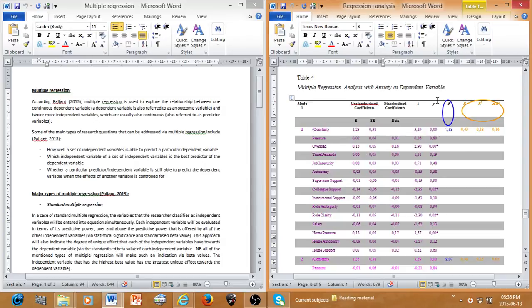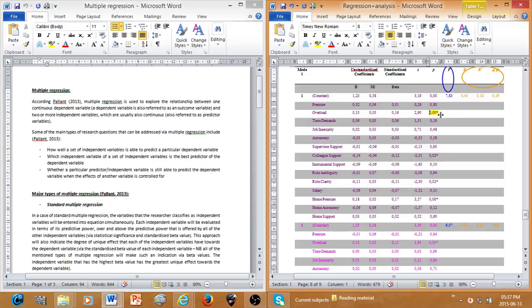As we can see under the p-values, here we've got statistical significance. How do we know it's statistically significant? If a variable's p-value is equal to 0.05 or less.